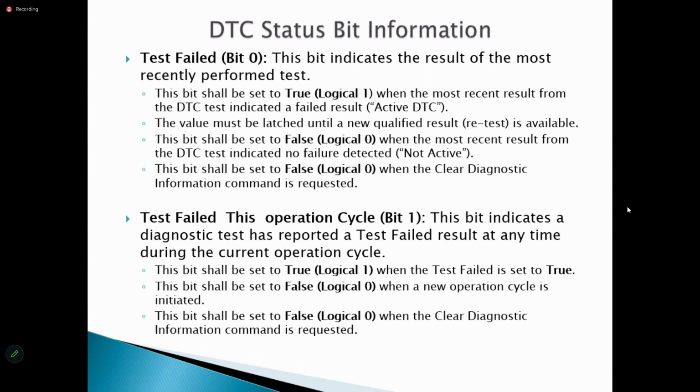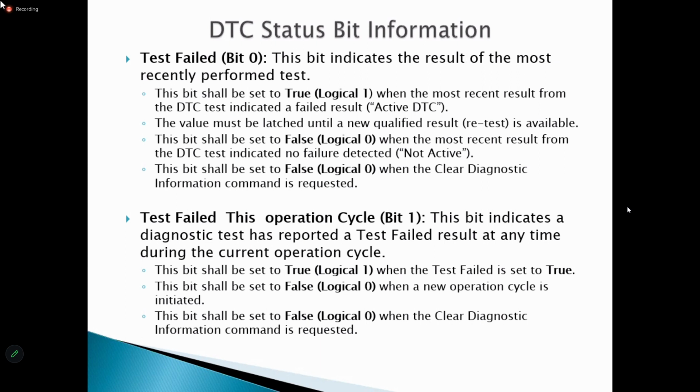Let's say if you are driving continuously 8 hours, then your operational cycle is for 8 hours. If you turn on the vehicle, you went for a 10-minute drive, again you turn off the vehicle, so your operational cycle will be for 10 minutes only. Understood? So this bit indicates when a test is run and test is failed in this operation cycle.